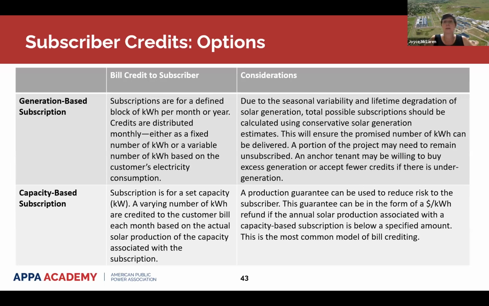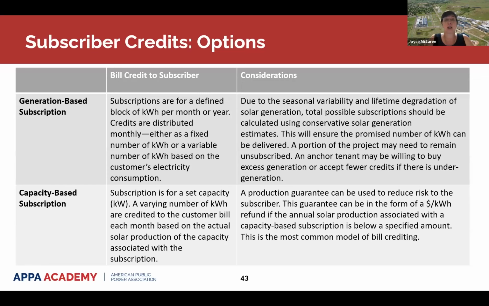Of course, because of the variability of the solar generation coming from the system and the degradation over time, the number of subscriptions that you sell need to be calculated conservatively, because you're going to have a variable generation from the system.